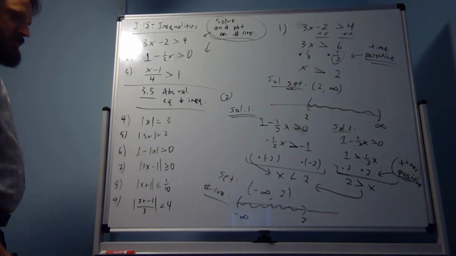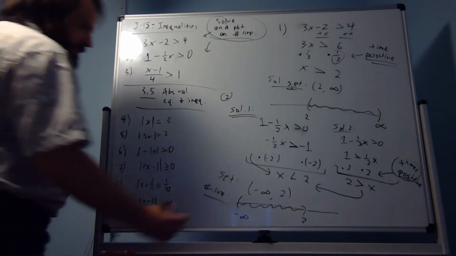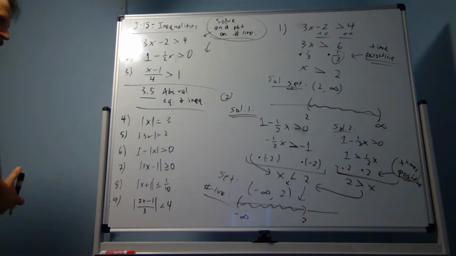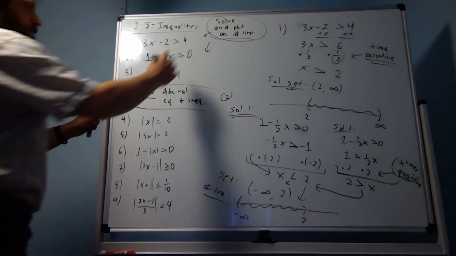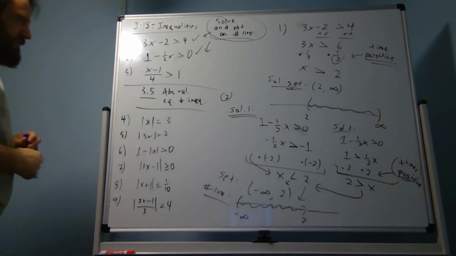The work starts out the same way no matter which approach you take, but 2 greater than x means the same thing as x less than 2. And then that's the interval notation, and that's just a picture of the number line. So that's all good. That one's done. Let's do one more.